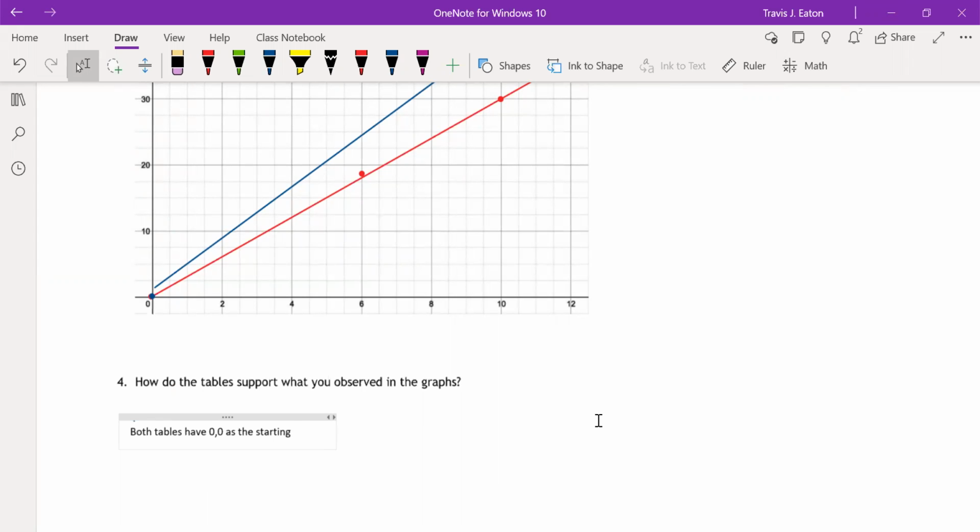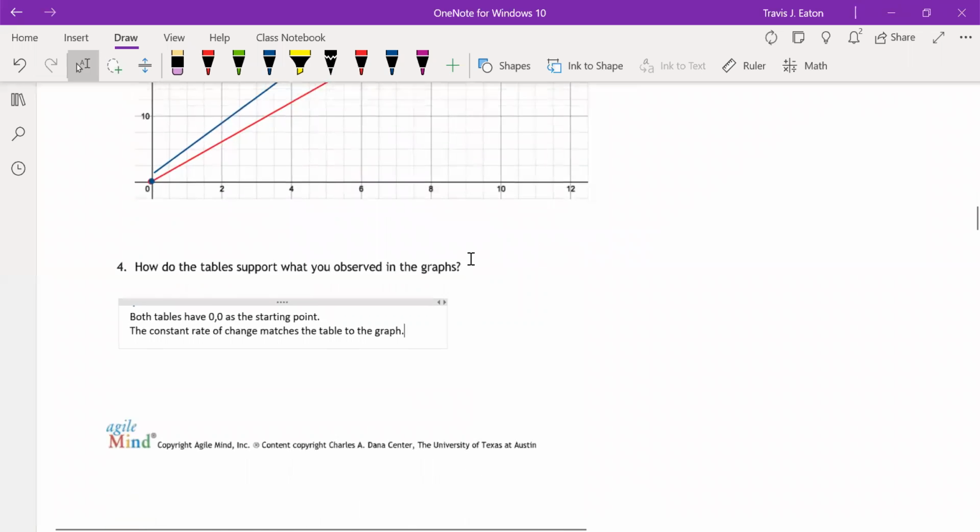So at 0 months, you're paying $0. What else? And the constant rate of change matches the table to the graph. All right, that's probably enough.